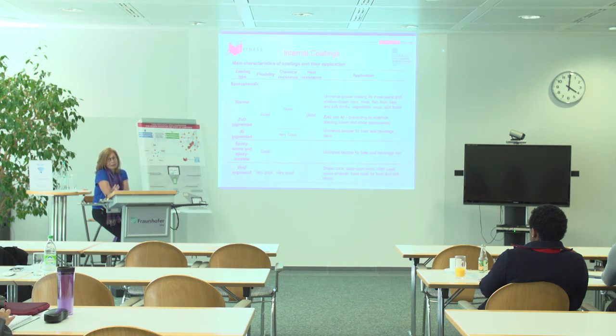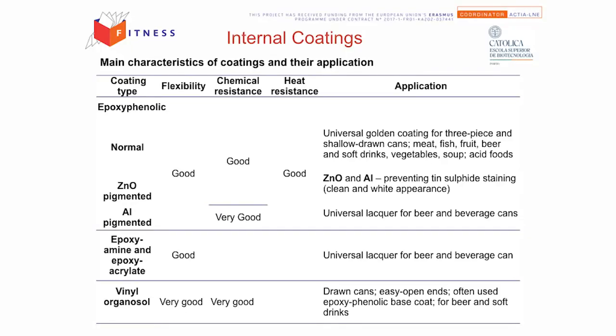But food cans, can you say the color of the cans inside? Typically it is golden or white. If it is golden, it will be epoxy phenolic. Okay? If it is white, it may be epoxy amine or epoxy acrylate.